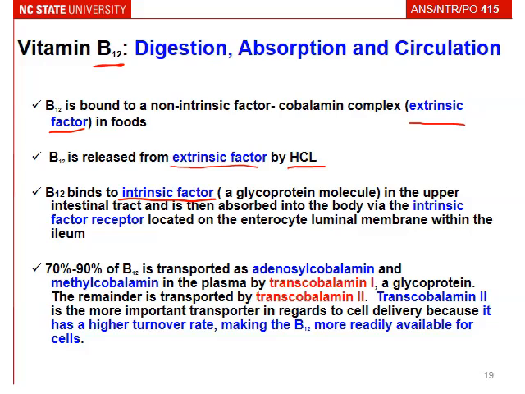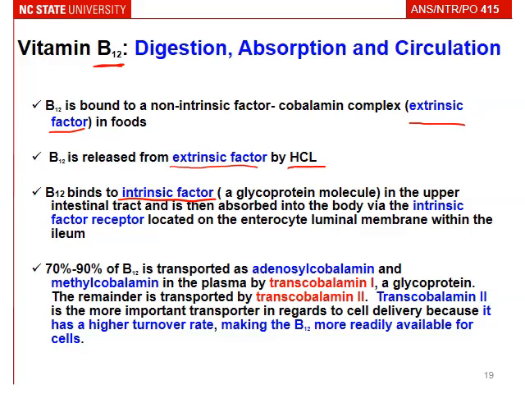That's because it has to be bound to the intrinsic factor in order for it to be absorbed. It binds to intrinsic factor in the stomach, and there is an intrinsic factor receptor located in the lumen of the small intestine in the ileum.